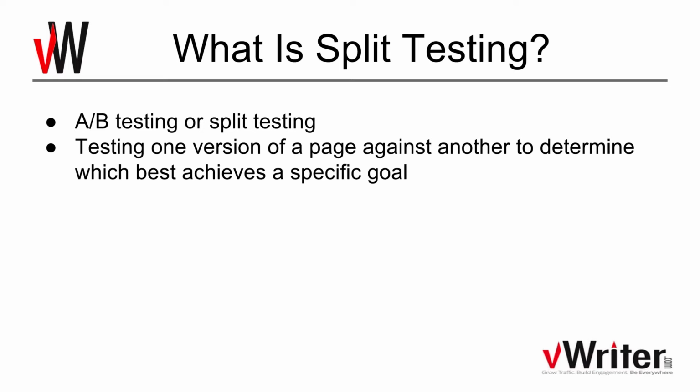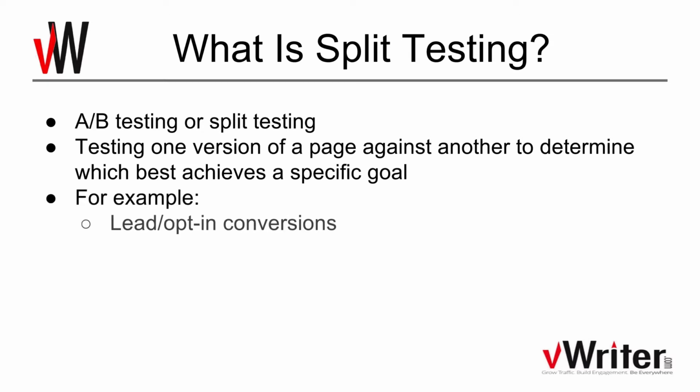So each page will have a certain conversion rate that you're looking to achieve, whether that's to say add email opt-ins to add leads to your email list, or to make sales and so on. Each page has a certain target that you want to achieve. So it's about testing one page against another to try and boost that conversion rate to see which one performs the best.